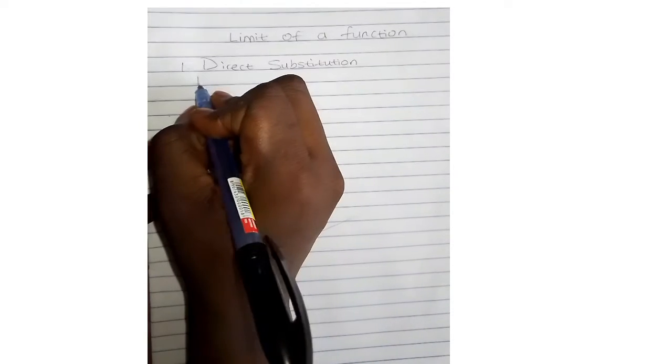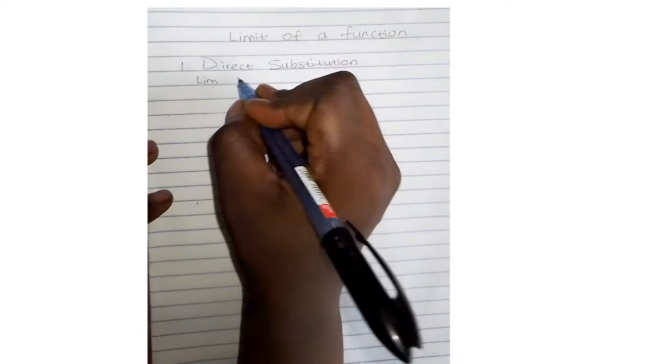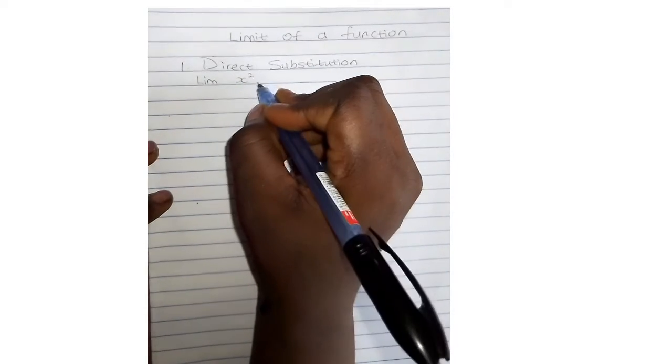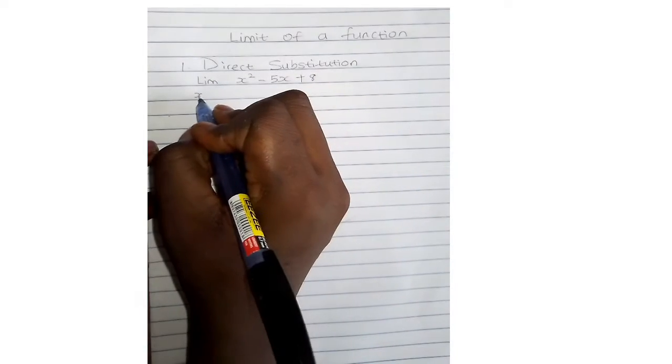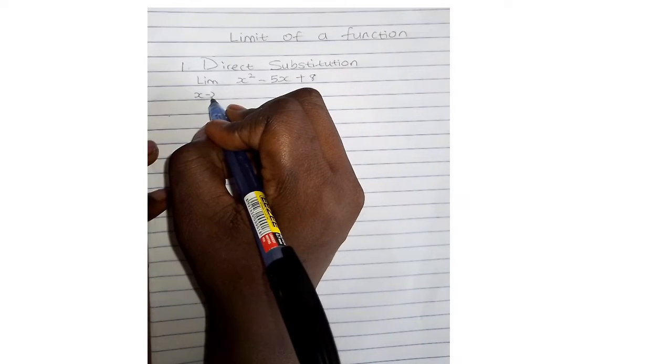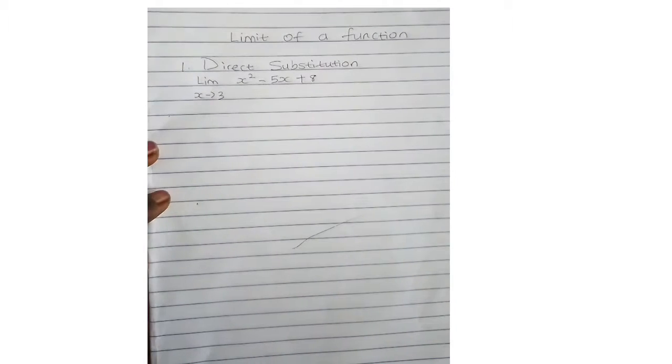We're given a question: the limit of x squared minus 5x plus 8 as x approaches 3. Direct substitution simply means wherever we see x in this equation, we put 3.